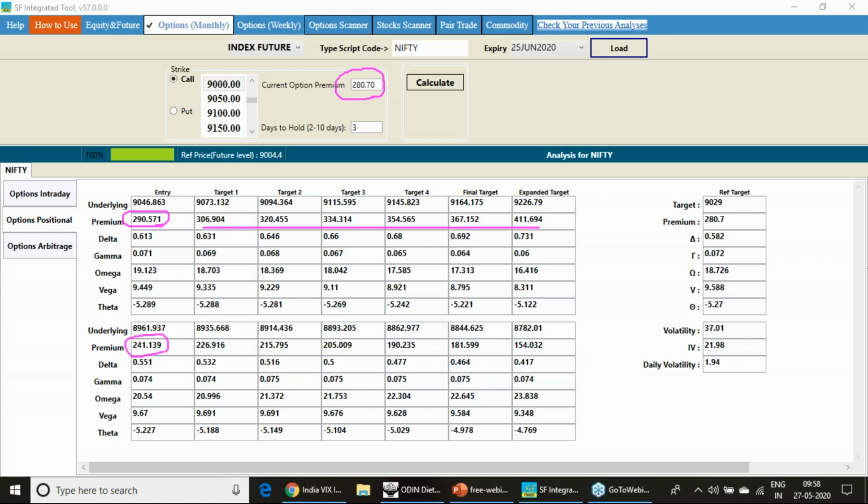In this 3 day period, if Nifty goes to 9,200, I can get 412 rupees maximum, and within these 3 days, if Nifty falls below 8,961, I can get 241, because there is a theta decay of 5 rupees involved on a daily basis.